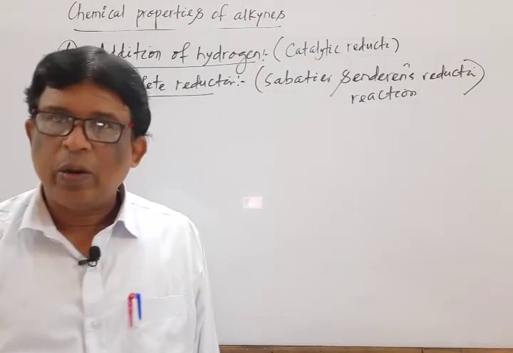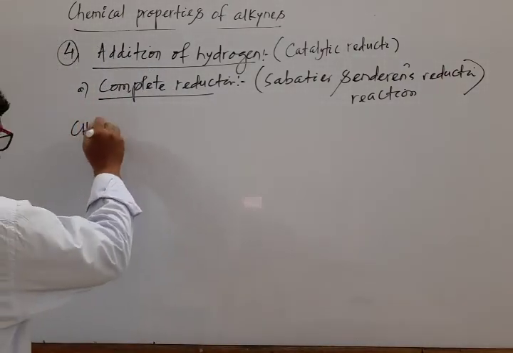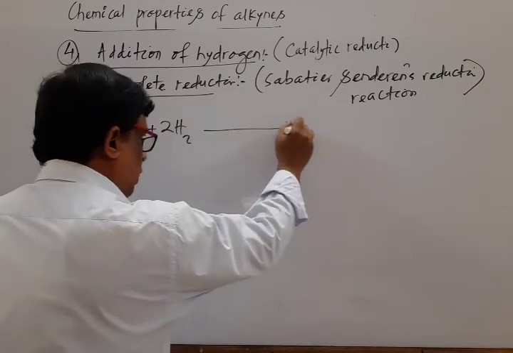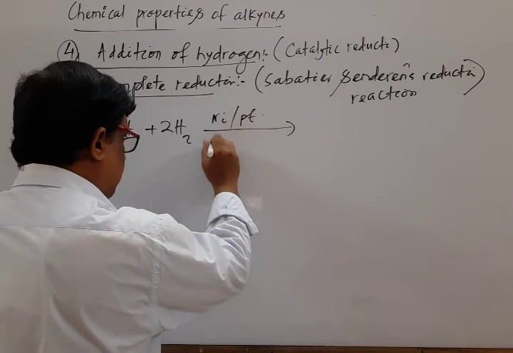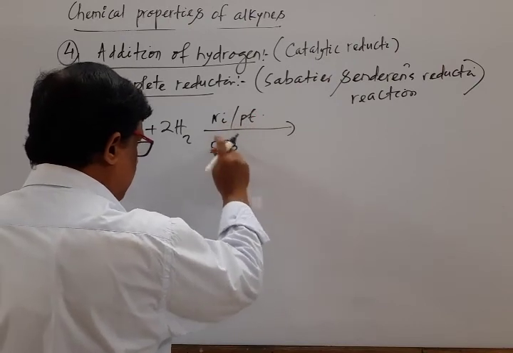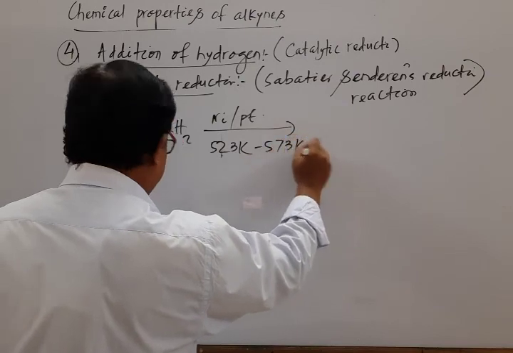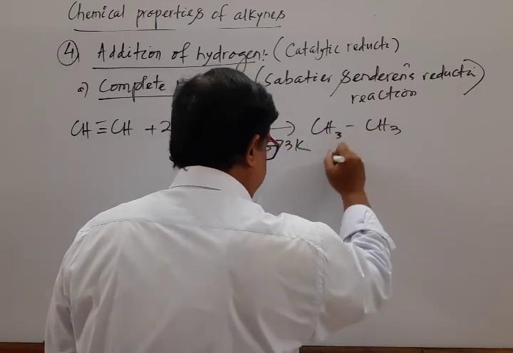So, first we write the equation, then go through the statement. What is the equation? CH≡CH add H2 in presence of catalyst nickel, platinum or palladium, 523 Kelvin to 573 Kelvin, resulting in the formation of ethane.